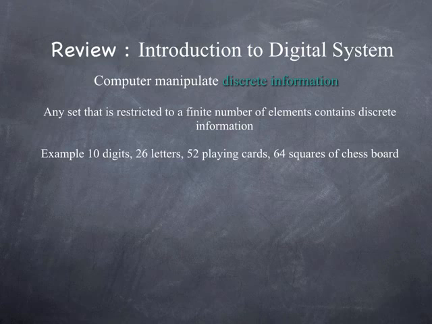And we said that it is restricted to finite. Anything which is countable, finite, is discrete. For example, the 10 digits, 0 to 9, are discrete values. Then we have 52 playing cards. That's again discrete. We can count 52 cards, and maybe when making a game, 64 squares on the chess board, and so on.